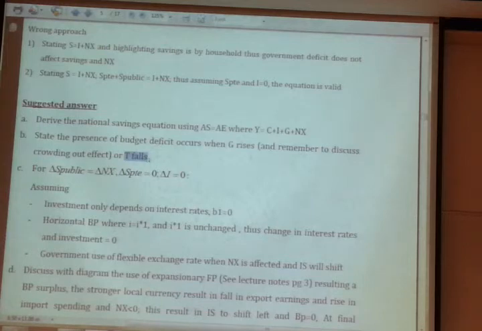It goes beyond that. Secondly, you want your change in investment to be 0. You know that your investment function is I bar plus B1Y minus B2i. So it's safe to assume that B1 is 0. Then it is also required to assume change in interest rate is 0.